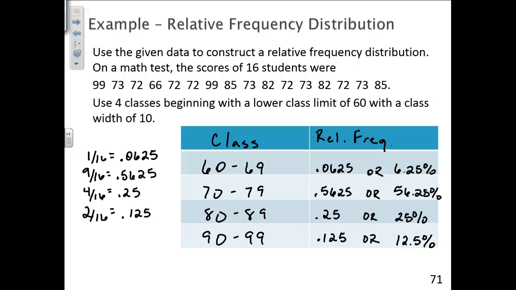And that is our relative frequency distribution. Again, just make sure you are paying attention on the homework as to which form they want the relative frequency in. Do they want it as a decimal or do they want it as a percent? And where do they want that value rounded to? Those directions will be in the homework.